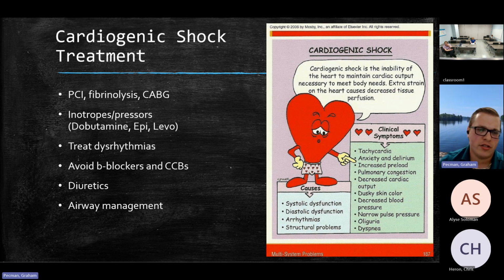The only caveat there, the only thing that's different that we didn't really talk about, is avoiding beta blockers and calcium channel blockers, which is a mainstay of treatment or management post MI.